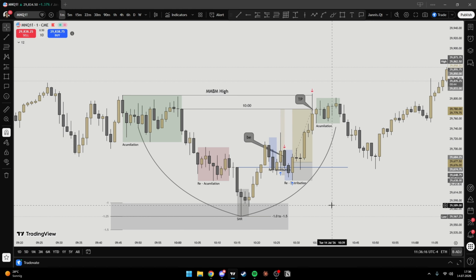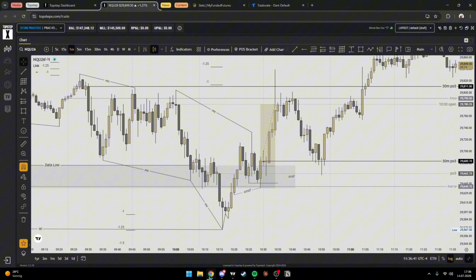It is so easily readable if you just stay focused and think about it, and if you have different charts open, one for the high time frame, okay, it's obvious that it's going to do that. One for a mid time frame, so 15 minutes, 5 minutes, 1 hour, whatever you want to call mid time frame, and then your execution on the low time frame, which I have on TopStepX.